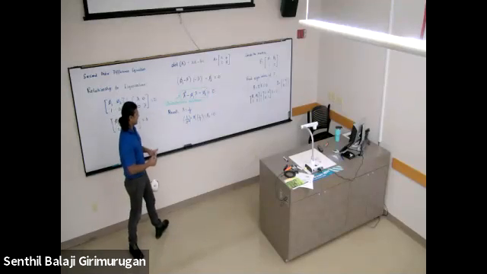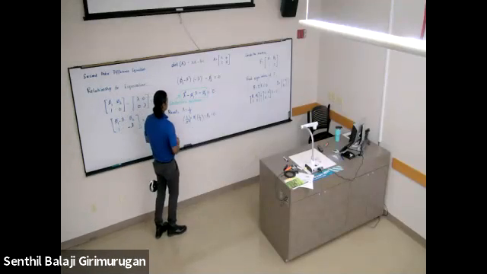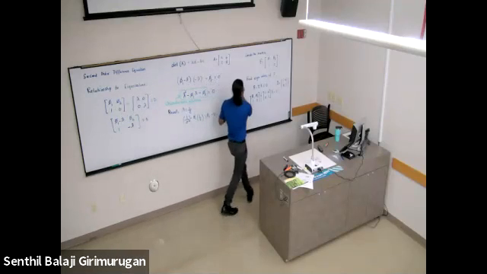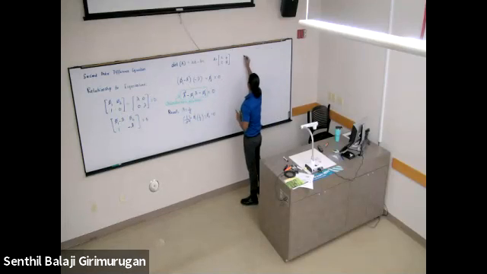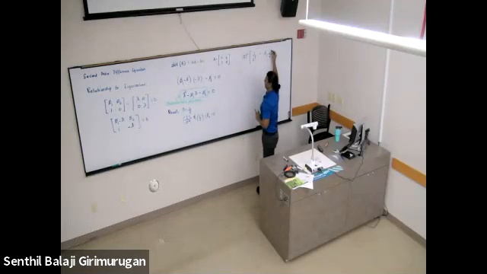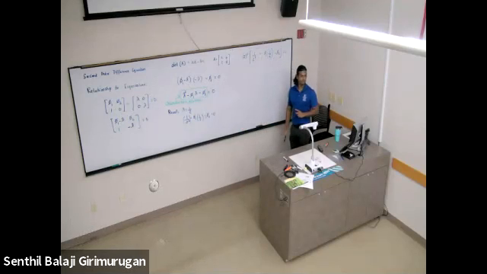Multiply by Z squared on both sides. What happens when you distribute that Z squared?